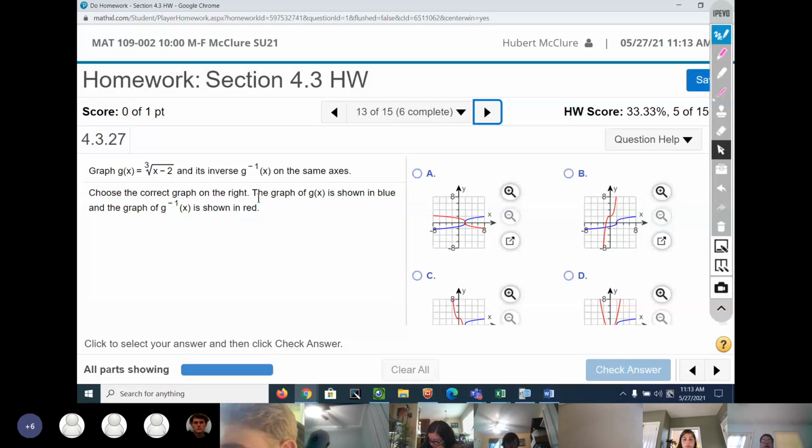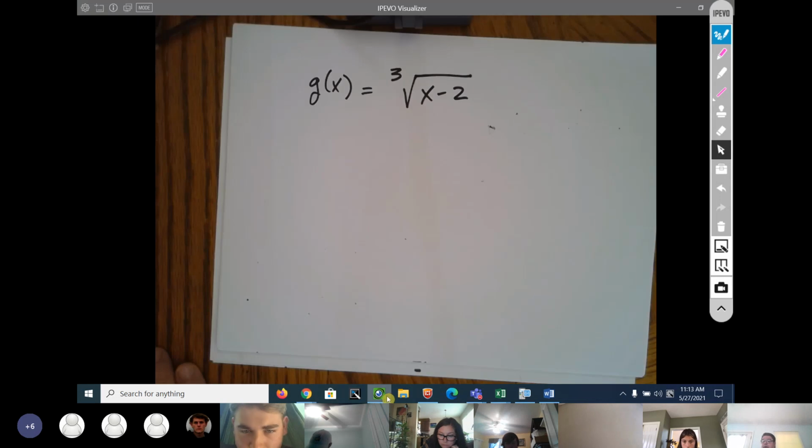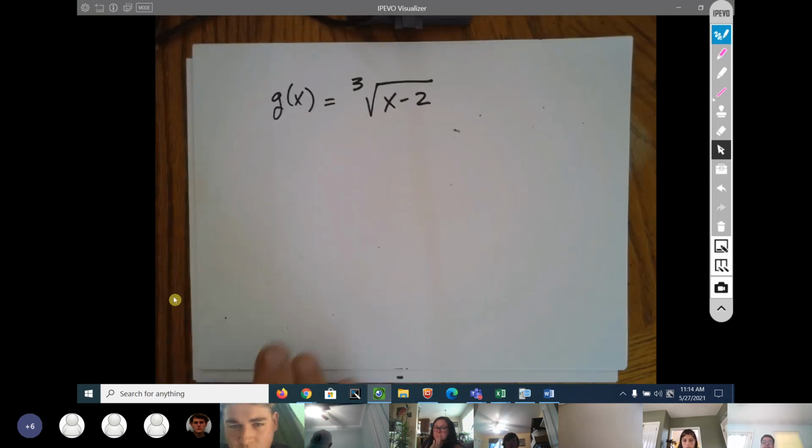Okay, now we're going to do this one, and this one is kind of several questions together. First of all, we're going to do the inverse function. So let's write that down. G of x is equal to the cube root of x minus 2. I don't care what the directions are saying because we're going to do what I want to show you.